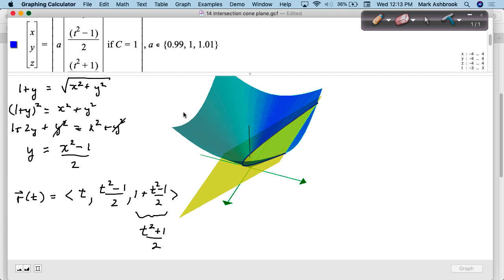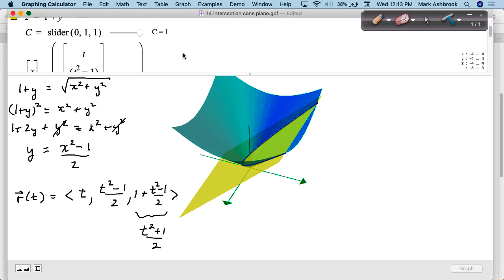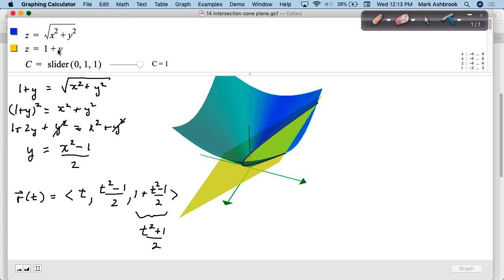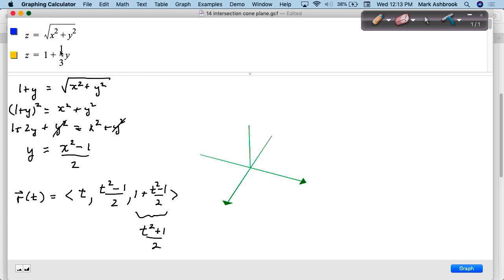All right, let's try a different example. Any questions on this one? Say what if that plane had a shallower angle? It didn't have the same angle as the side of the cone. Then what are we going to get?